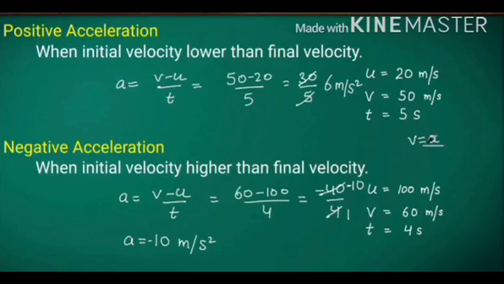So it is 60 minus 100 and the time taken is 4. So 60 minus 100 upon 4 is equal to minus 40 upon 4, which is equal to minus 10. So the acceleration is equal to minus 10 meter per second square. In the first case, the acceleration is positive and in the second case, it is negative.